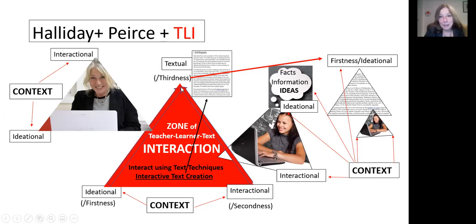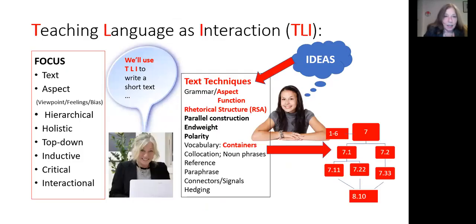And another aspect of this Peircean view is that it's iterative. It forms another firstness. So the essay could become then an idea that's not in consciousness, but then when the student perhaps interacts with it again, there will come another realization, another thirdness, and this leads to autonomy.